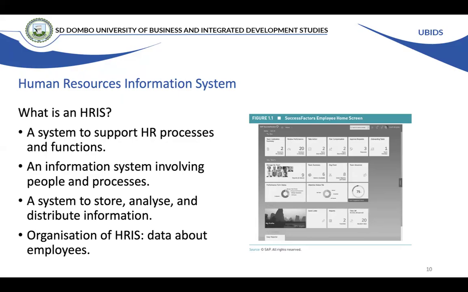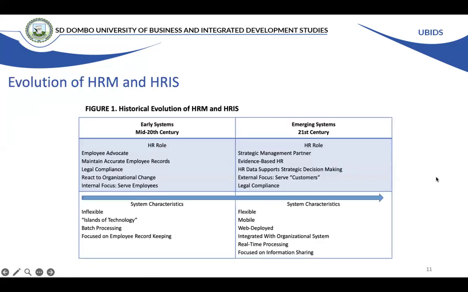So we store mainly employee data. And as I said, people go in there to update their records, to delete their records, among others. So this is a repository that stores data, mainly about employees, and also helps us to distribute that information.